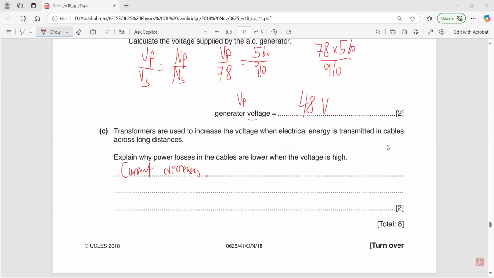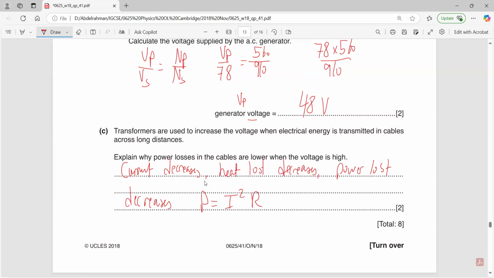Heat loss decreases, power lost also decreases, and you can write down the equation for the power. Power equals I squared times R, not VI. Why?